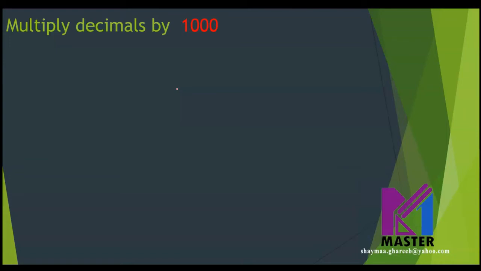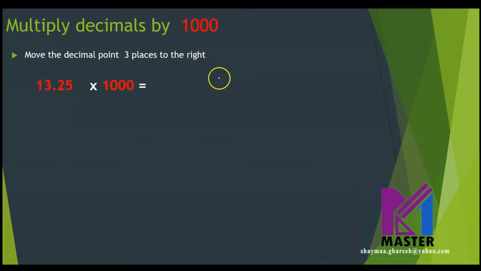Then, multiplying by 1000 means each digit will be 3 places higher, which means I'm going to move the decimal point 3 places to the right. So the decimal point will move 3 places to the right. One more place here.